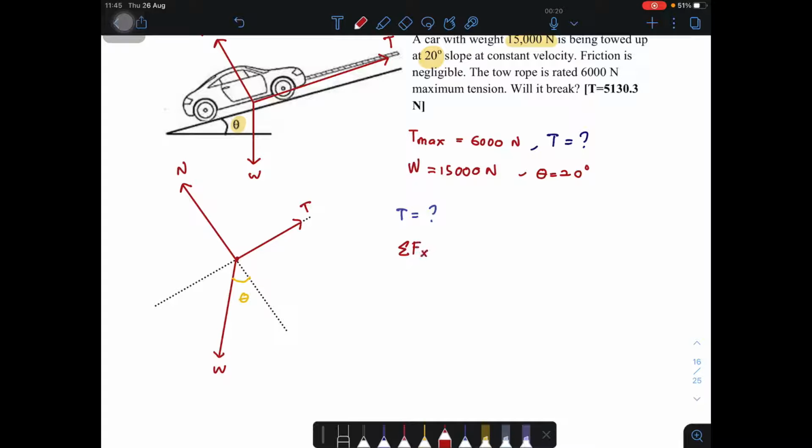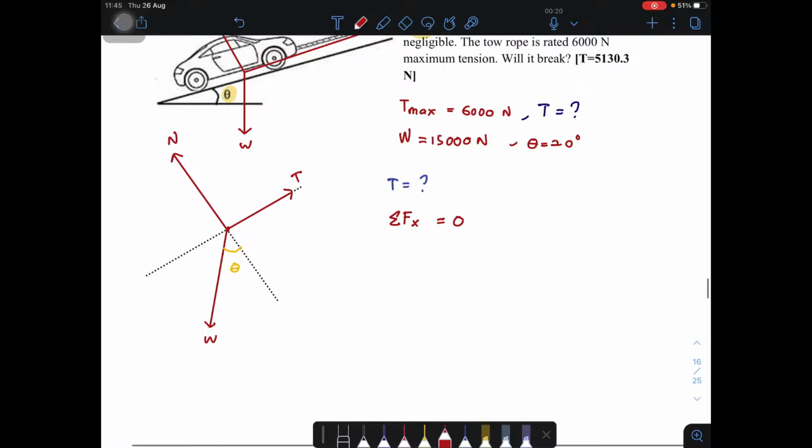So x component, di mana x component yang kita ada T dan Wx. Okay, T and Wx. So kita kena resolve here Wx, di mana Wx ni adalah sama dengan W sin theta. Okay, W sin theta.